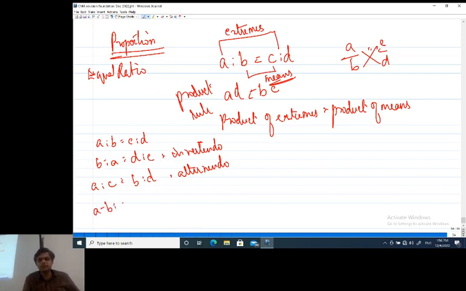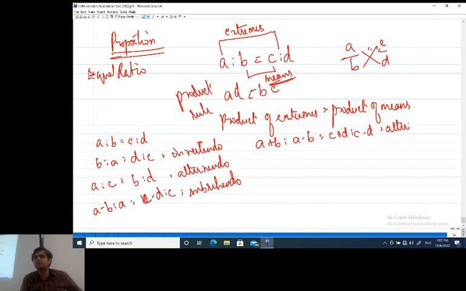A minus B is to A is equal to C minus D is to C. This is called subtrahendo. A plus B is to A minus B is equal to C plus D is to C minus D. Sorry, this is called componendo dividendo.